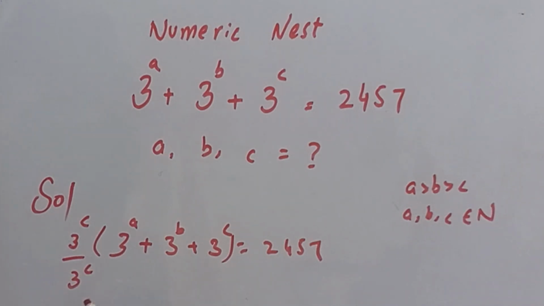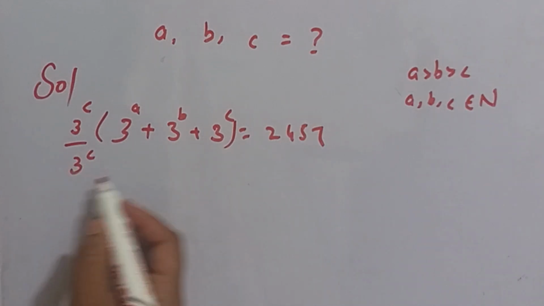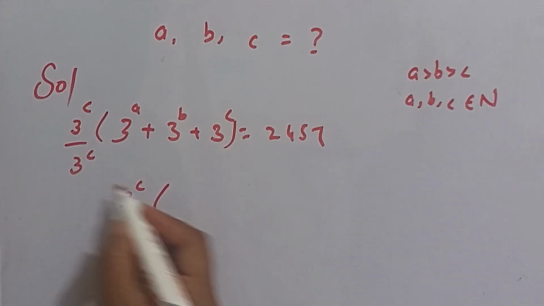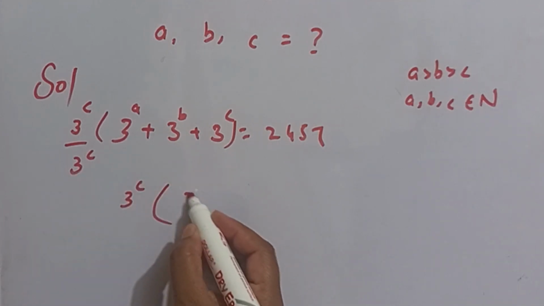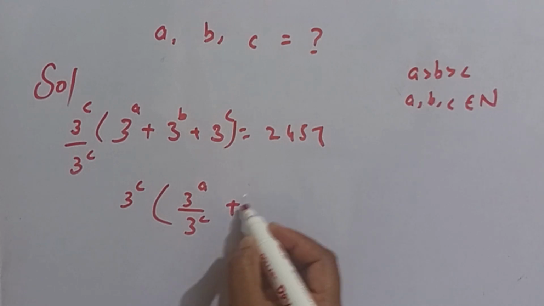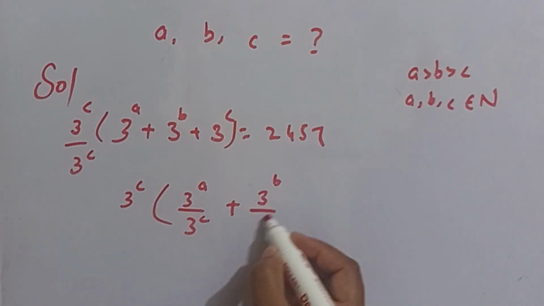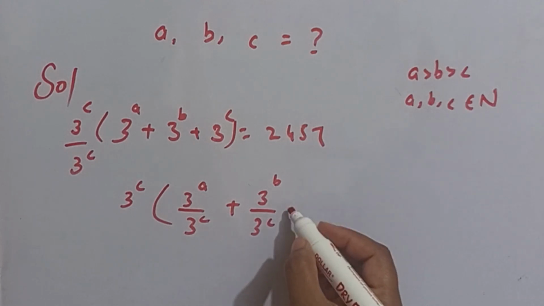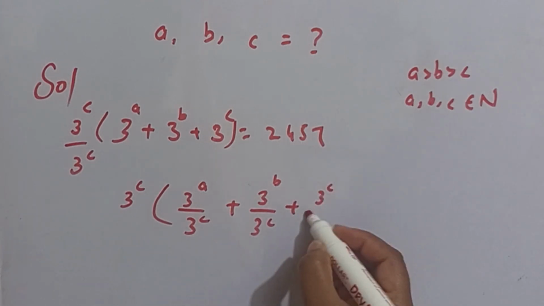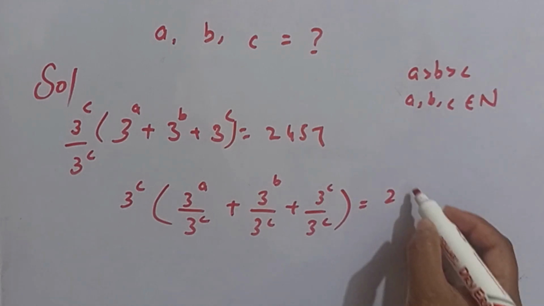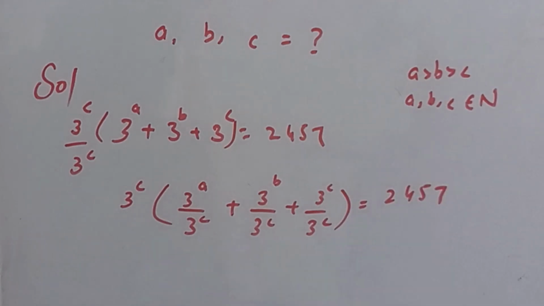Now in the next step, we write this as 3^c times (3^a over 3^c + 3^b over 3^c + 3^c over 3^c) equals 2457.